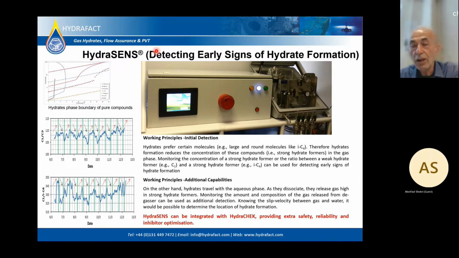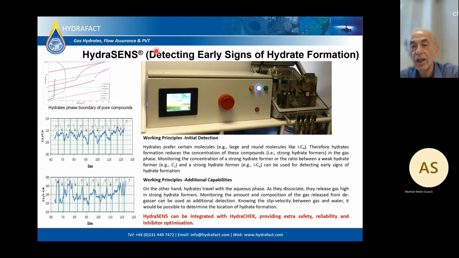If we time these, for example, we put a time 0 when we see sign of hydrate formation in the gas phase, and then, for example, in 1000 seconds, we see sign of hydrate formation from the gas release from hydrate.